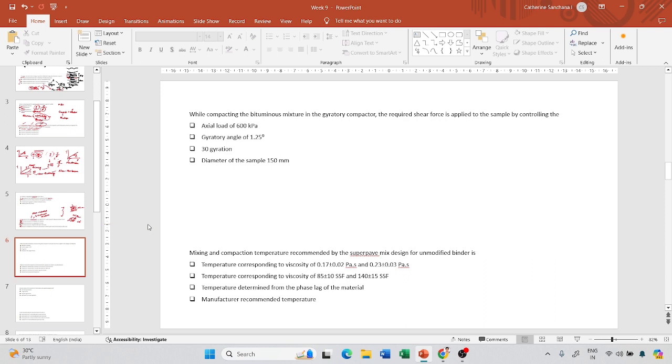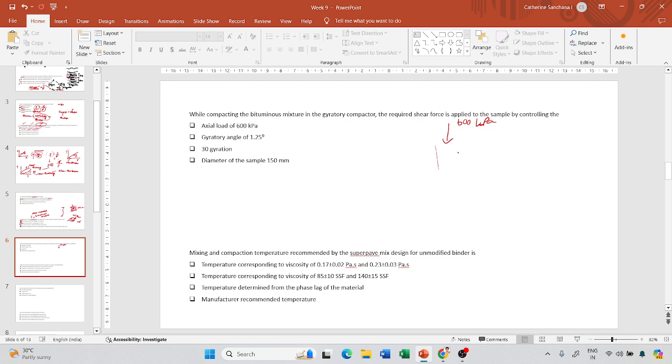Now moving on to the next question. While compacting the bituminous mixture in the gyratory compactor, the required shear force is applied to the sample by controlling which parameter? So if you see, how will this gyratory compactor work? It will have an axial load, okay, of 600 kilopascal.